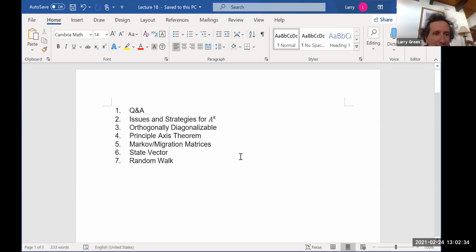Okay, the plan today is I'll start out with any questions that you guys have, as always. And then we'll look at how you find a matrix to a power. So hopefully you all know that if you want to find A squared, what do you have to do? Not a trick question.